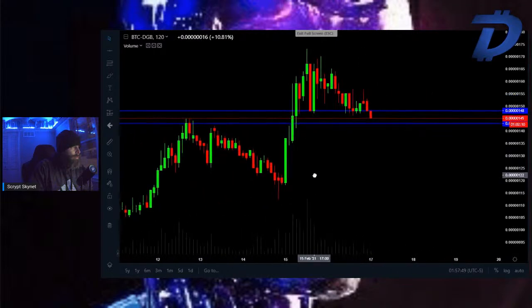All right, so this is the range. This is the blue zone, and it's making a lower low here than this low. This red candle, if it closes red as a full body candle, will be lower than the 148 Satoshi. Right now it's slowly climbing down to 145 Satoshi.